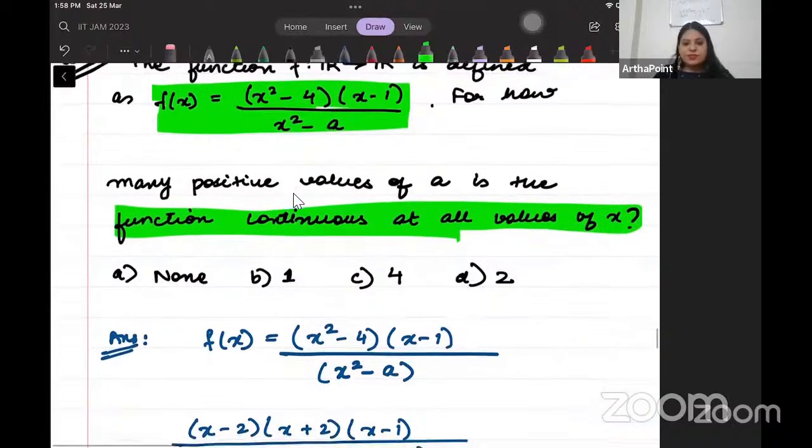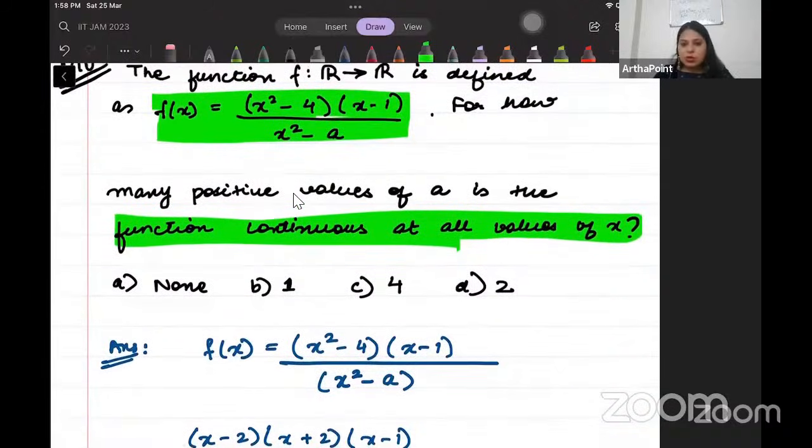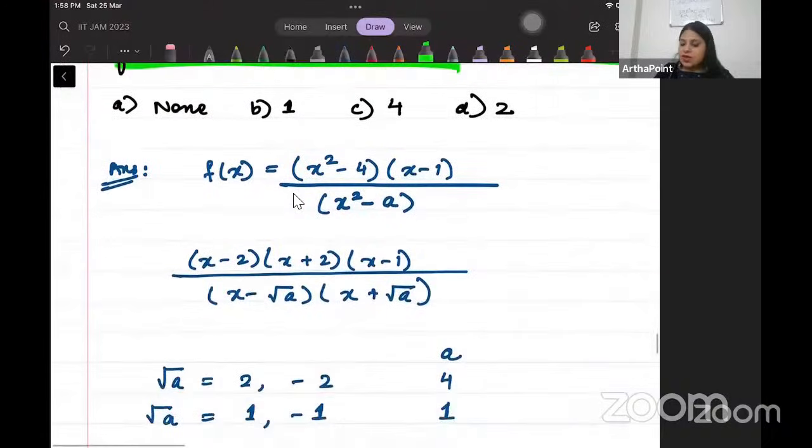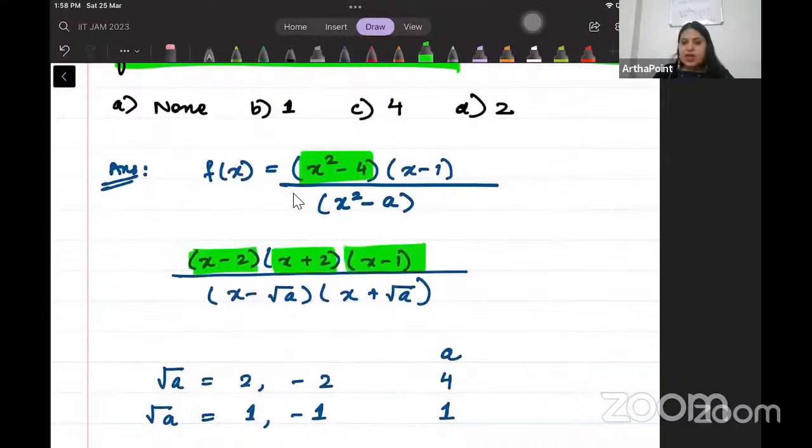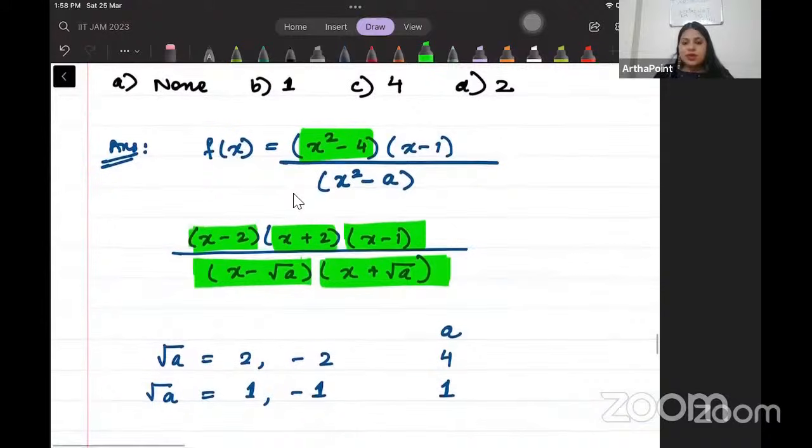I am only concerned about two values, because if I look at the numerator, I can break this up. x squared minus 4 can become x minus 2 into x plus 2. And x minus 1 will remain as it is. And if I talk about the denominator, I can write it as x minus root a into x plus root a. Right?